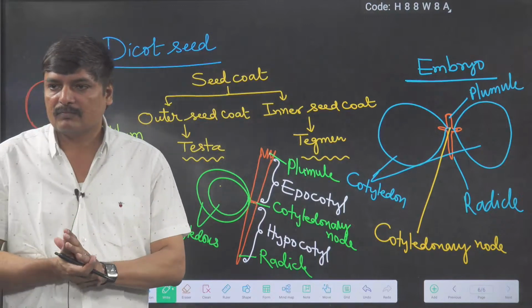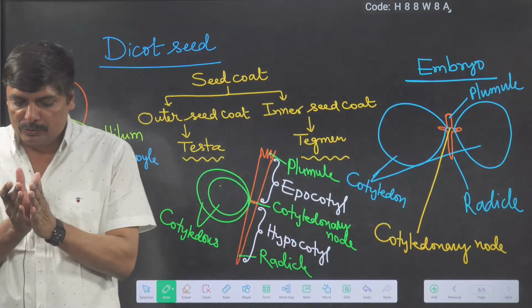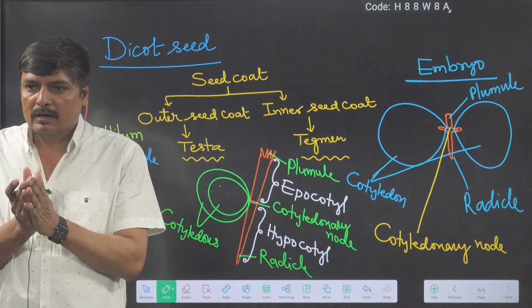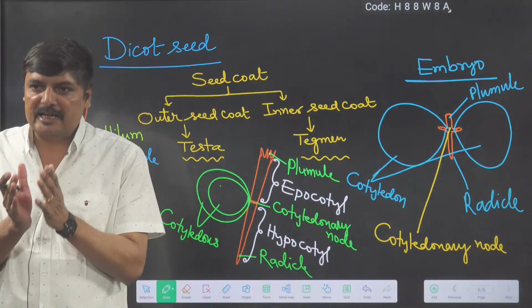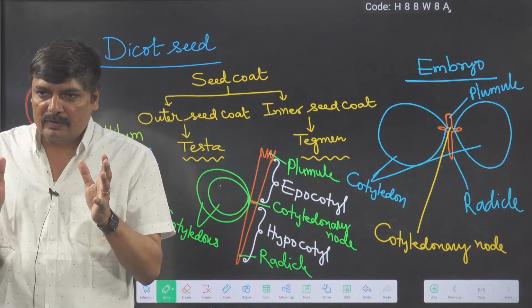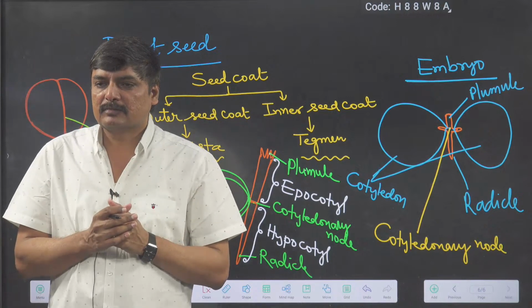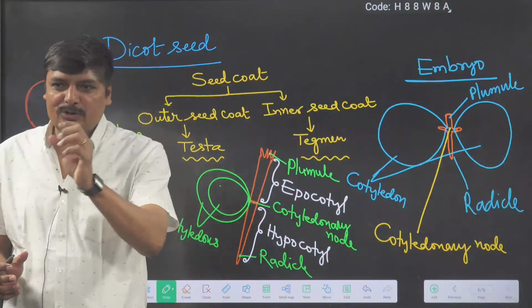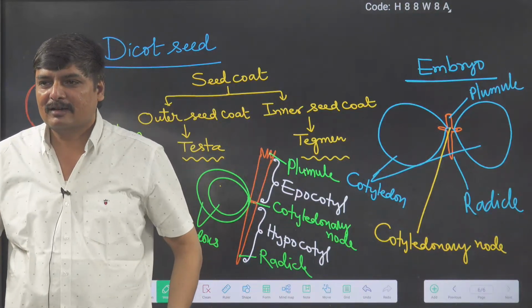Right? Then I told you endosperm is absent in some dicots. Hence food is stored in cotyledons.